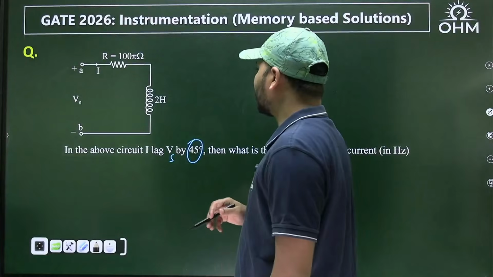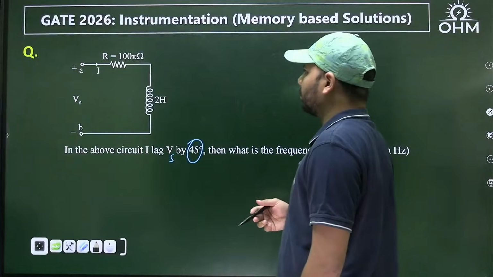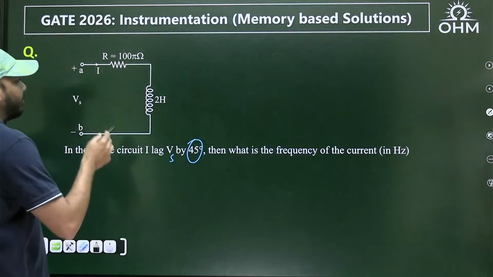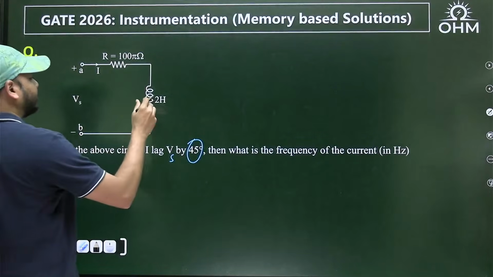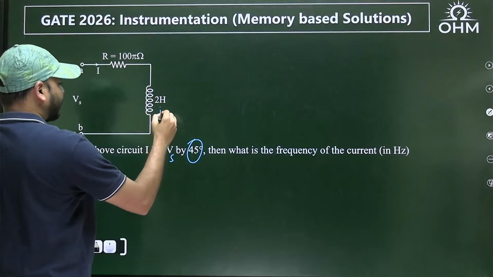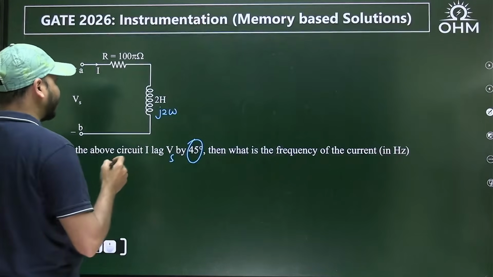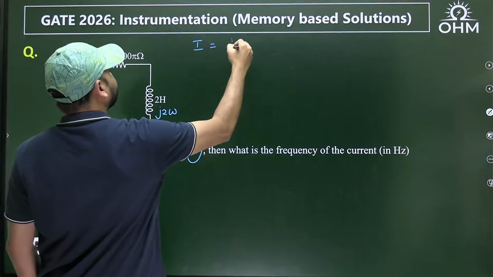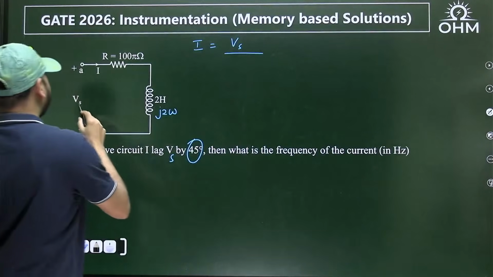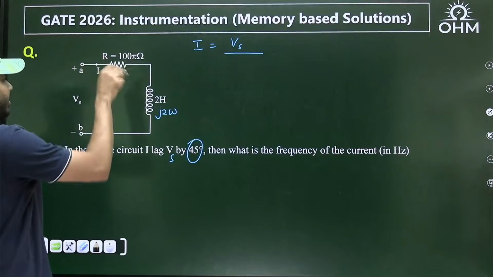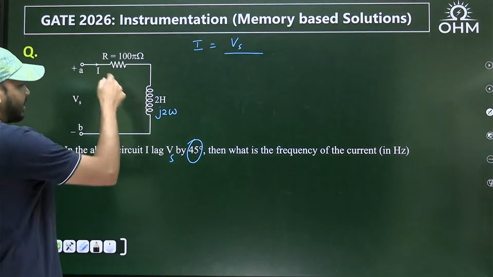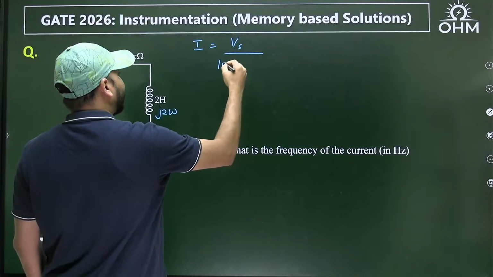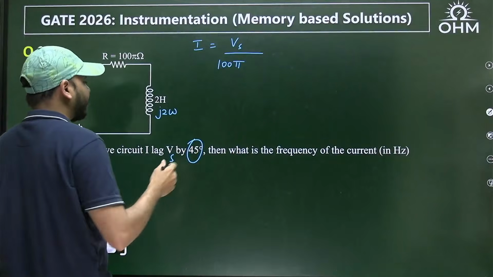What is the frequency of the current? Okay. They're just asking what is the frequency. So if you think of this circuit in the phasor domain, this becomes what? J2 omega. Yes. And then I will be the source voltage or the applied voltage divided by net impedance in this branch, which is R plus J omega L. So R is already there, 100 pi.